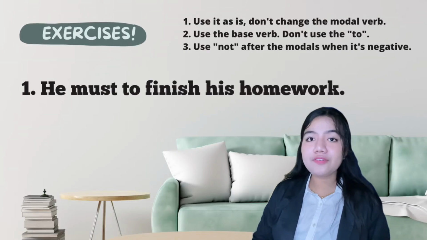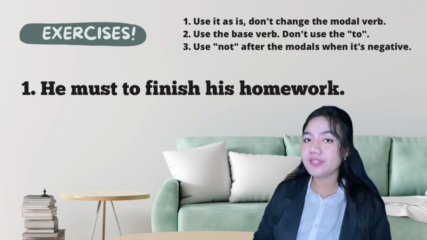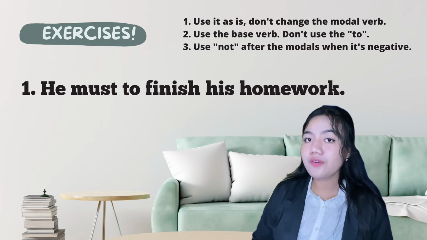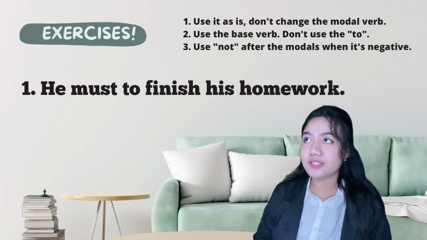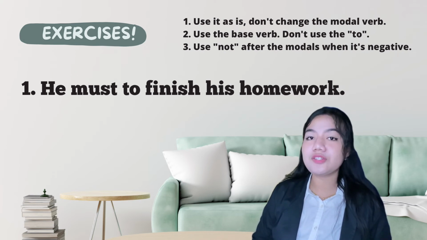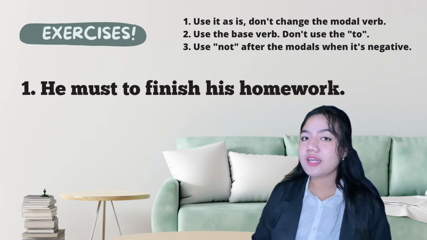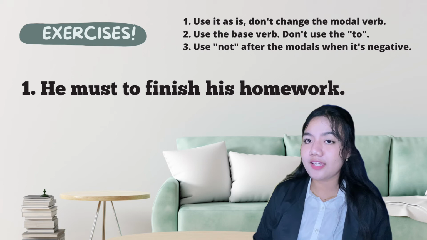Alright, now that you have got these basic rules and you have understood how it works, okay, let's do some practice to see how well you have understood. Now the rules are written at the top, just in case you didn't remember them exactly. Okay, let's get started with the exercise.